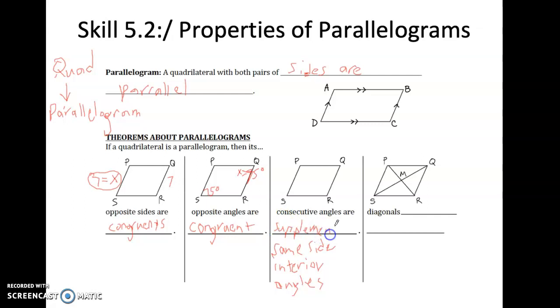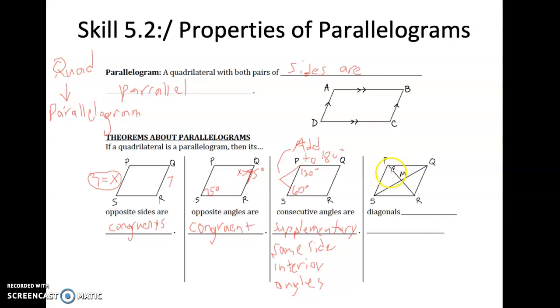So, if this angle was 60 degrees, then this angle would have to be 120 degrees, because supplementary means that they add to 180 degrees.